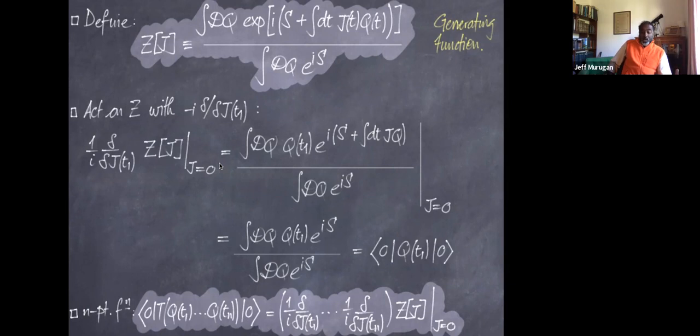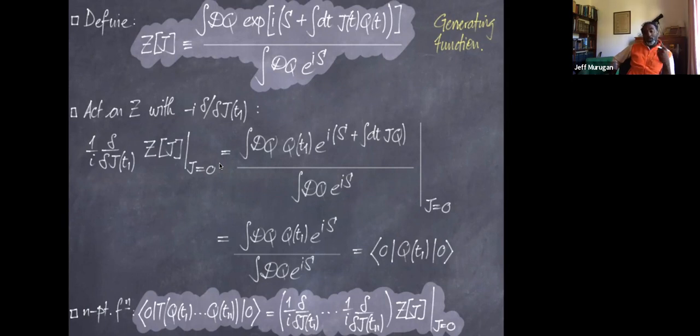Okay, and here you have it. If I know what the generating function Z of J is, and again, this Z of J is going to be related to the path integral, and it's going to be related to the partition function in a finite temperature field theory.